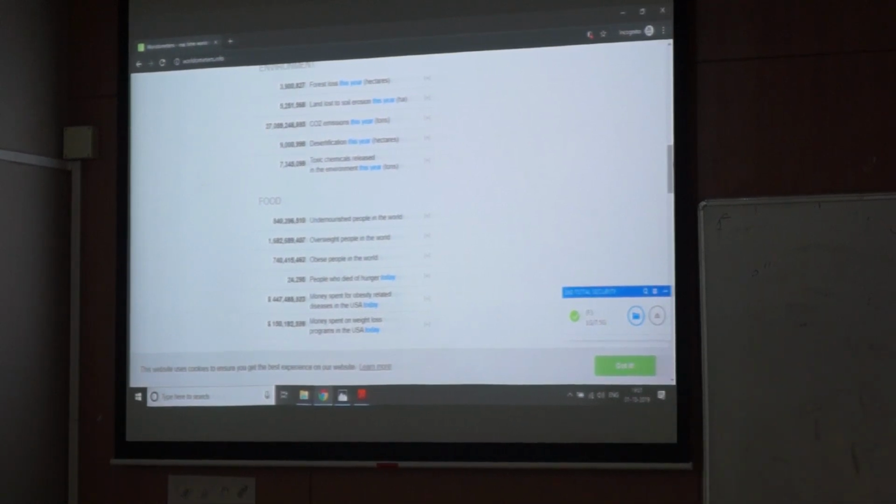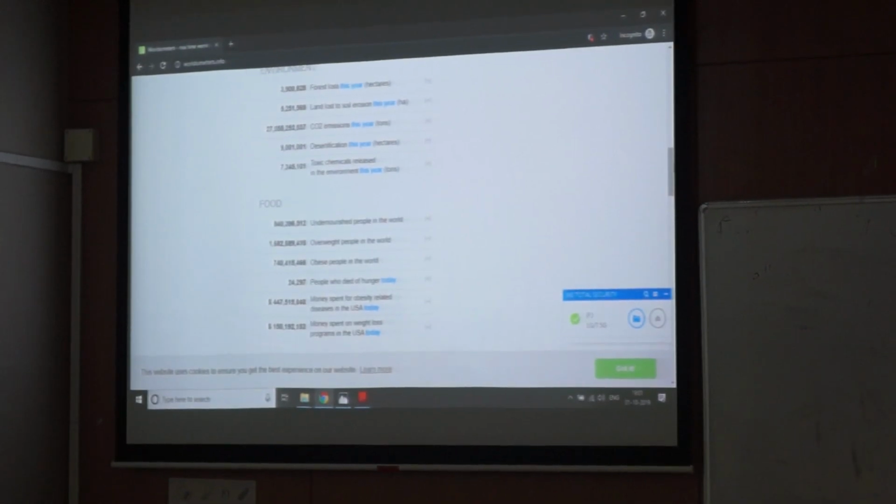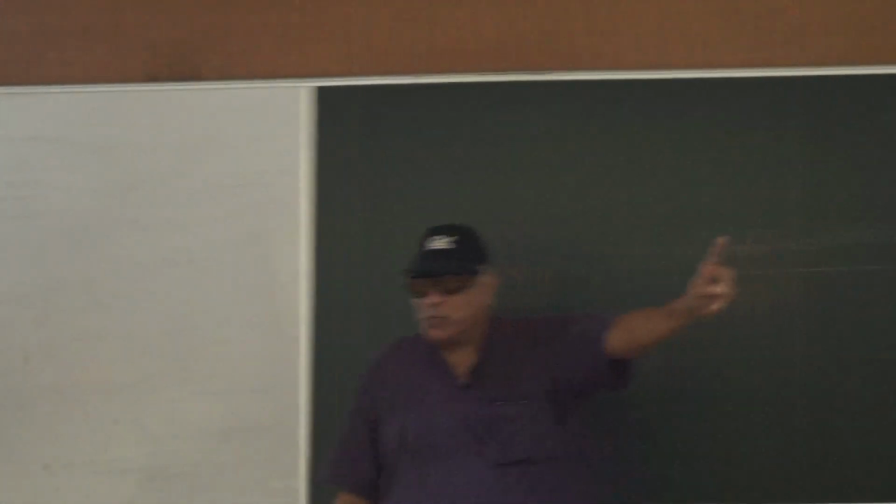I remember America is a very explicit country, you know. In 2007 I was in America and this is a Stanford paper or newspaper headline: 33.5% of American population is obese.